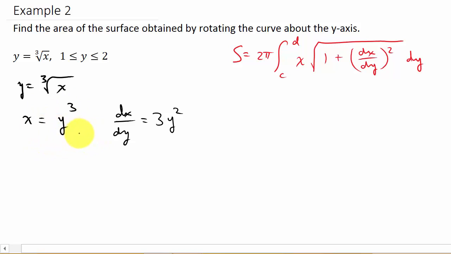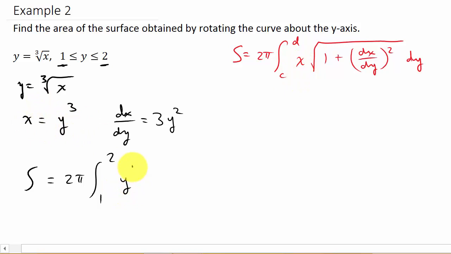All right, so now we just plug everything in, and you can see our limits c to d are from 1 to 2. See, it's the y values. So the surface area is 2 pi, and we're going from 1 to 2 of x. Well, what's x?